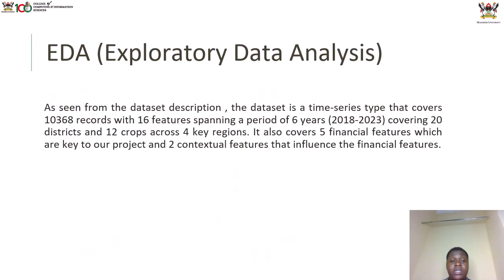So the exploratory data analysis is here. This dataset spanned around 4 key regions with 12 crops and over 20 districts. It had 5 financial features that helped contribute to our final aggregated cost, but it also had some features that contributed to our contextual factors, for example, the rainfall index column, then there is also the soil fertility index column.